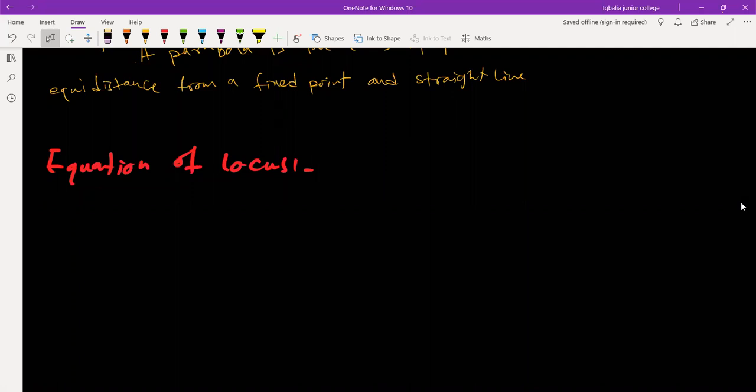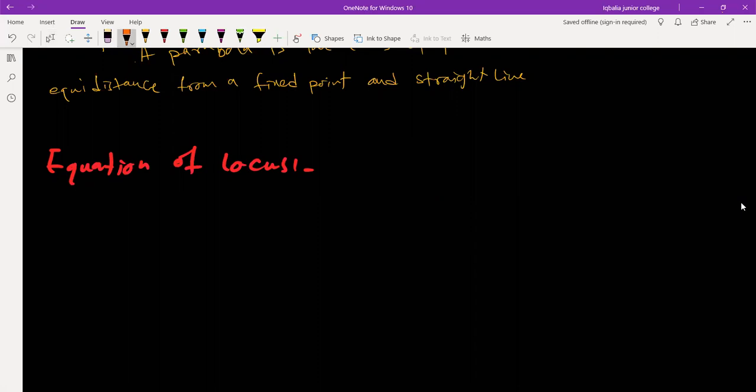Okay, y is equal to 5. Sayyid Amin, y is equal to 5. I don't know why. Okay, let it be.